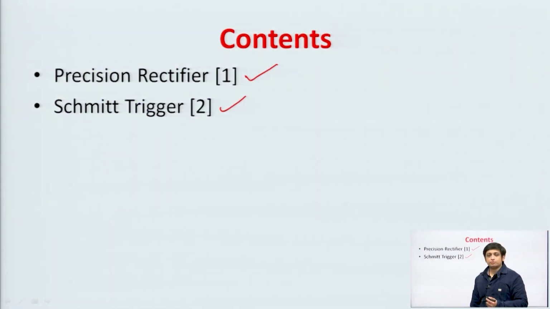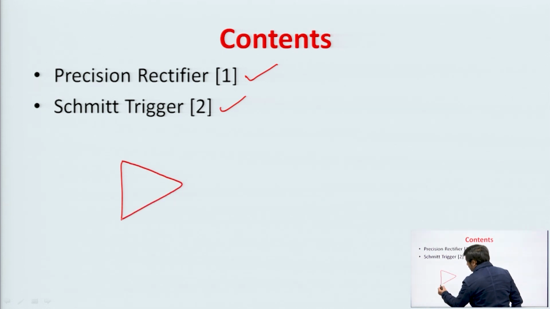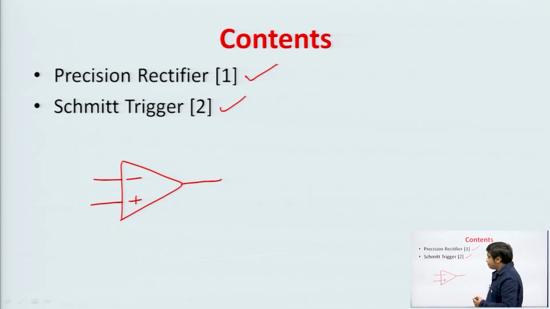So, in the last two classes, I had discussed the basics of operational amplifier, the different configurations in which we can use operational amplifier, and the applications of those configurations. We had seen that an op amp can be used in two modes, either in open loop mode or in closed loop mode.